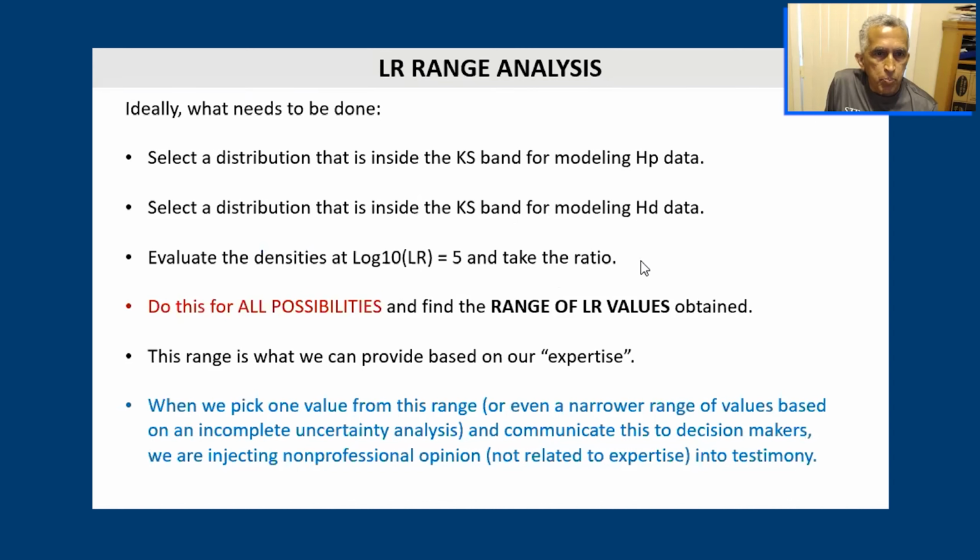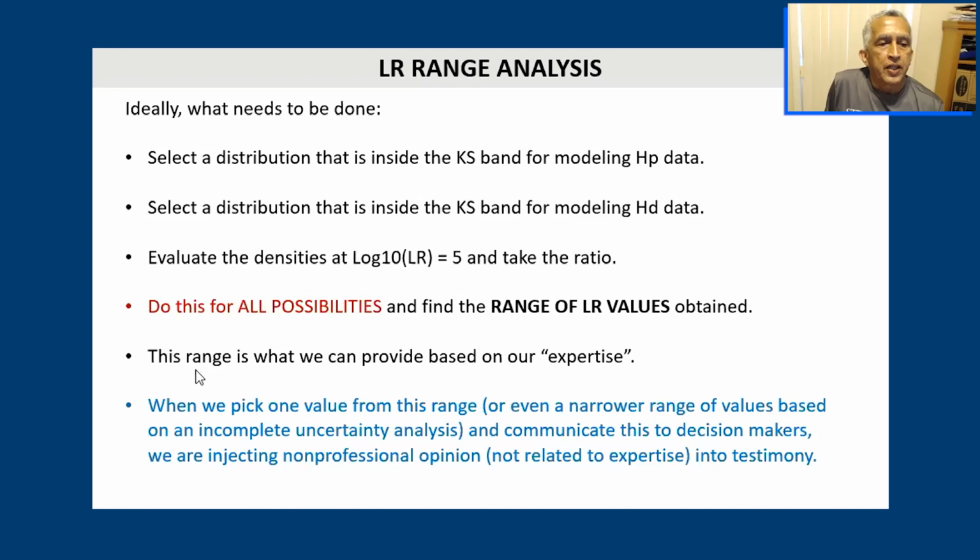That would be one plausible LR value supportable by available empirical data. Now you do this for all possibilities. Basically, you're talking about an infinite number of possibilities. That's not practical, so you do this for as many as your algorithms might be able to solve, and find the range of LR values obtained.